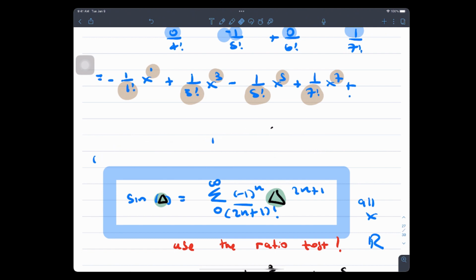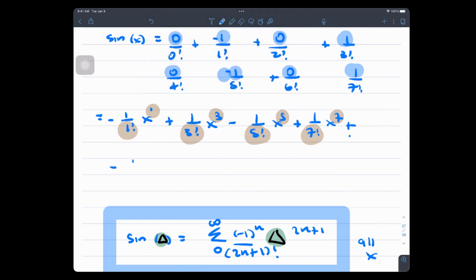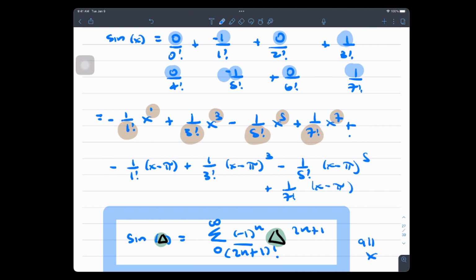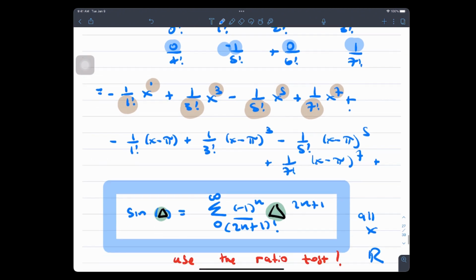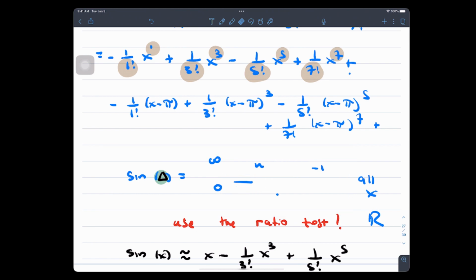So here's what you'll have. -1 over 1 factorial, x minus pi to the first power, plus 1 over 3 factorial, x minus pi cubed, minus 1 over 5 factorial, x minus pi to the fifth, plus 1 over 7 factorial, x minus pi to the seventh, right? And that goes on forever. So the Taylor series expansion, I didn't want to erase that, but we can.